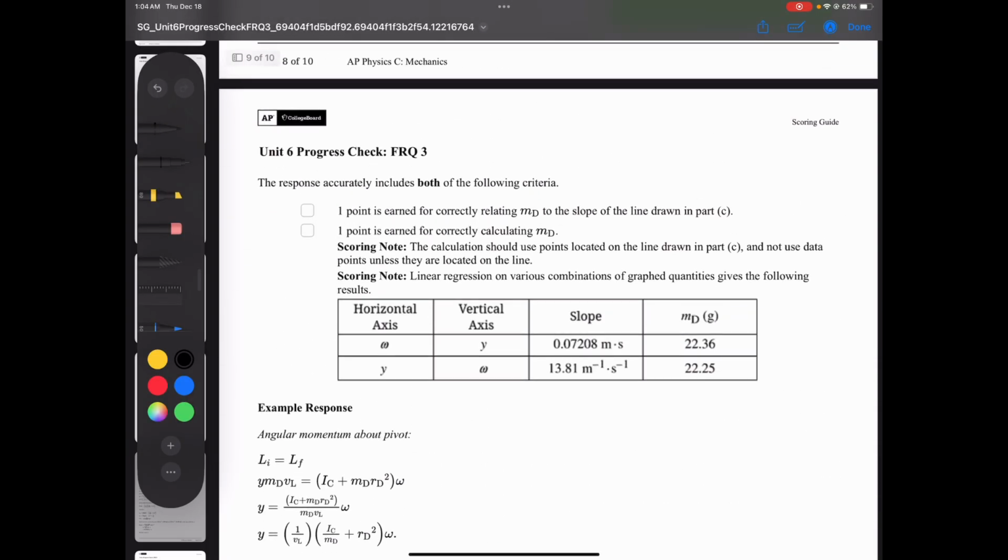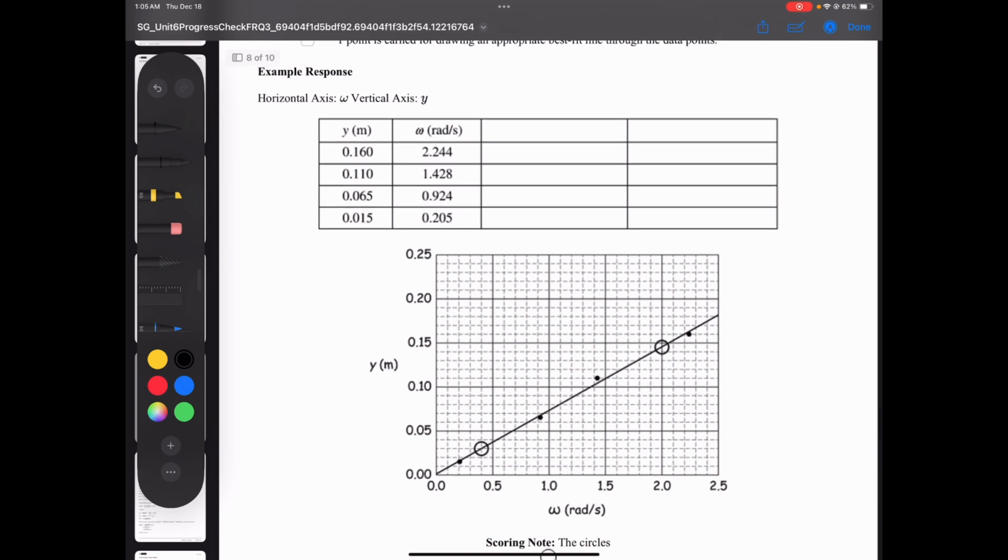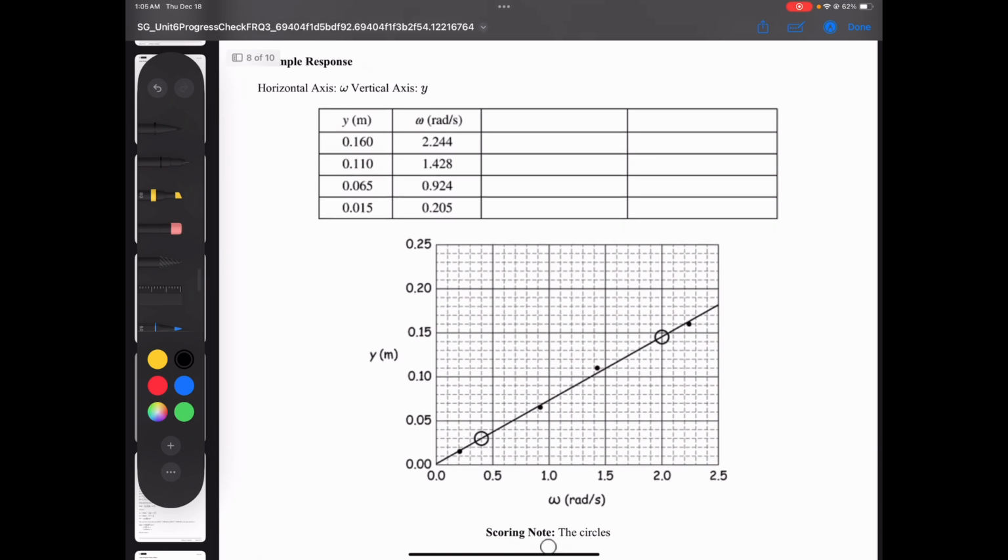So we'd want to use this, our horizontal axis is y. If you measured the slope by hand, you should get this value. One thing that's very important when you're calculating the slope: notice that I have 4 data points here, but the points that I use to determine the slope of the line have to be points that are on the best fit line, not data points.